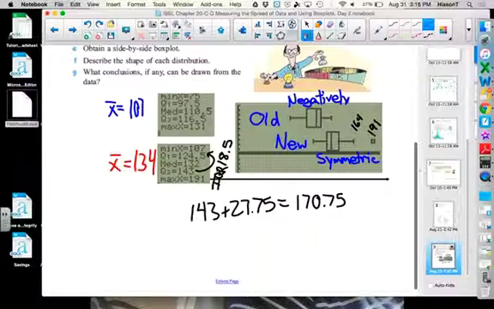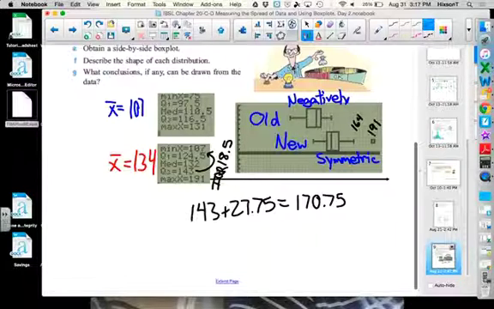Now, a symmetric distribution tells us something about our new design. What would that tell us? We're not getting a whole lot of duds. We're not getting a whole lot that are extraordinary. They're all pretty normal, pretty consistent.